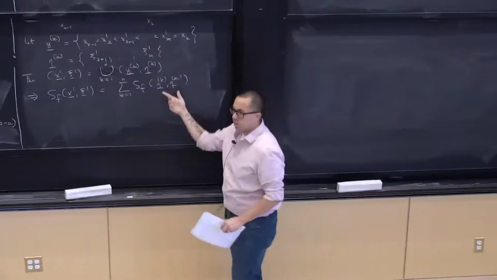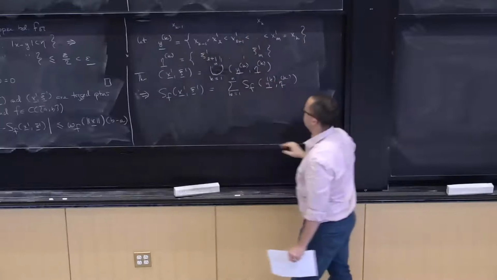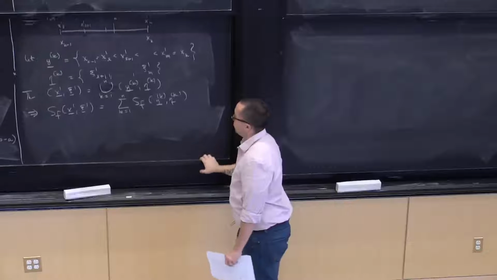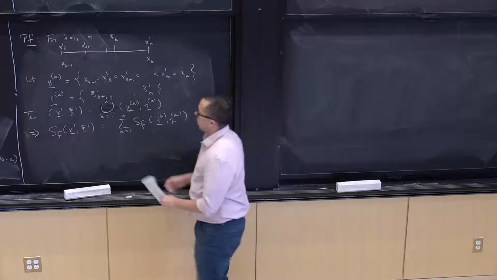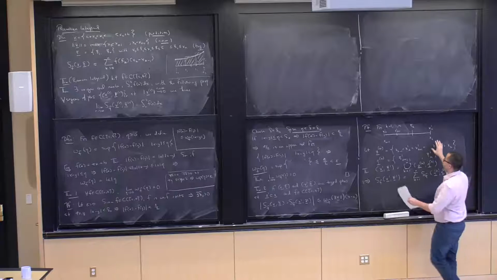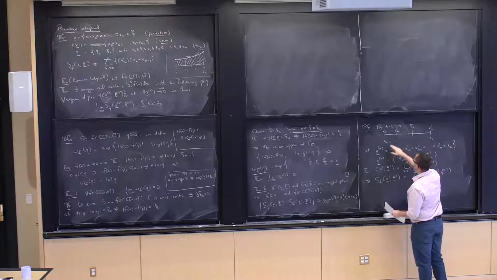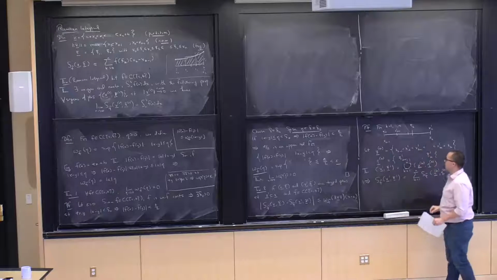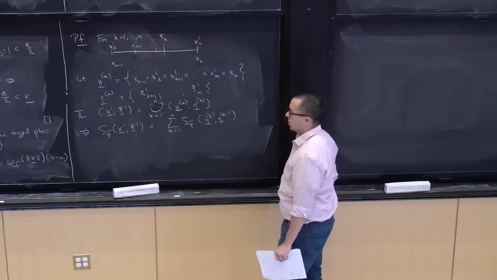These are not partitions of [a, b], but they are partitions of [x_{k-1}, x_k]. I hope all this is clear. Again, I'm just breaking this Riemann sum up into parts, looking at what's happening between each of the partition points x_{k-1} and x_k coming from the original coarser partition x.